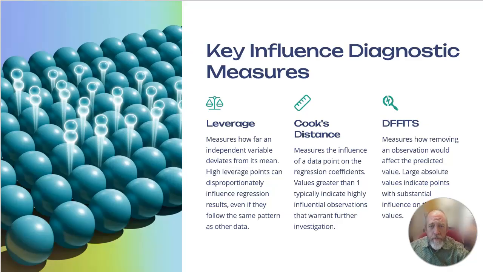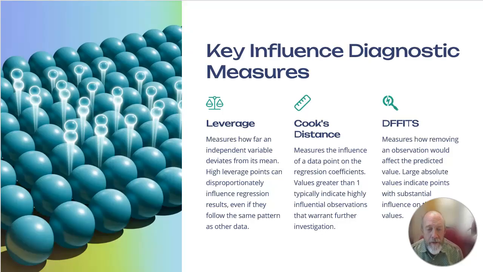Let's see. When you're doing influence, what pieces actually mean something? Now, we're not going to go into that much depth on this because it's getting above and beyond. I do want you to know that there are ways of looking at them. You're looking at how far any independent variable deviates from the mean, and those can have a higher influence.